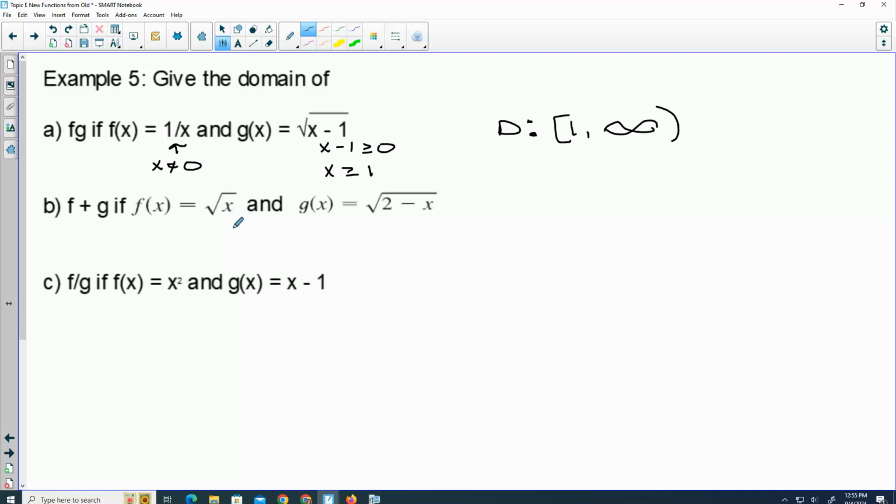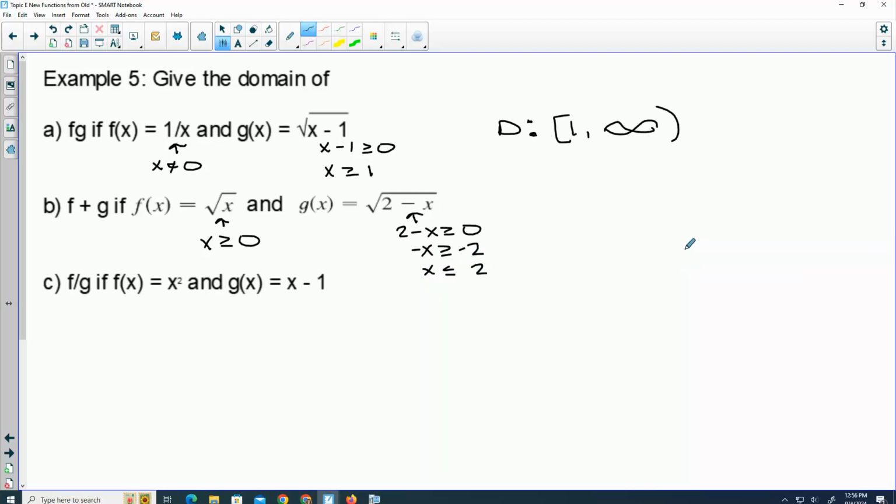So if I want the domain of f plus g, same thing, we have to look at each original domain. What's the domain of the square root of x? Over here, we would have to do 6 minus 3x greater than or equal to 0. Subtract over the 6, and when you divide by a negative, it flips.